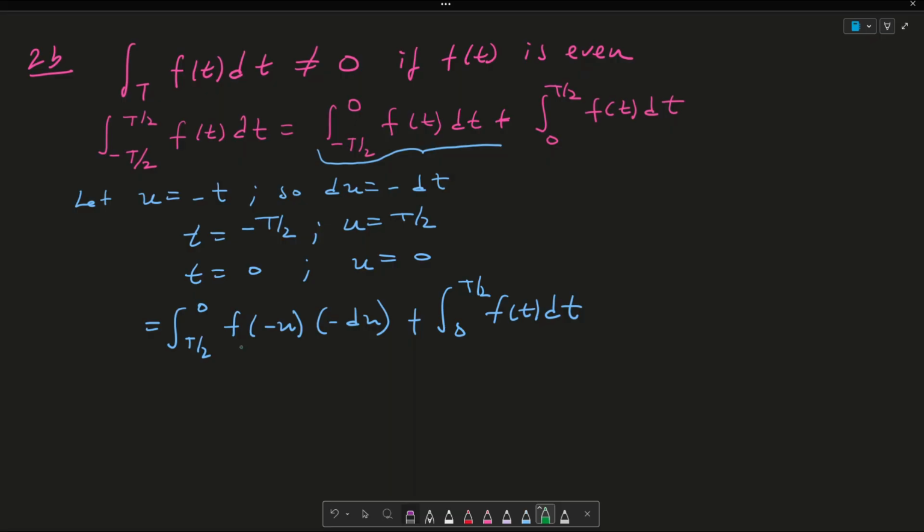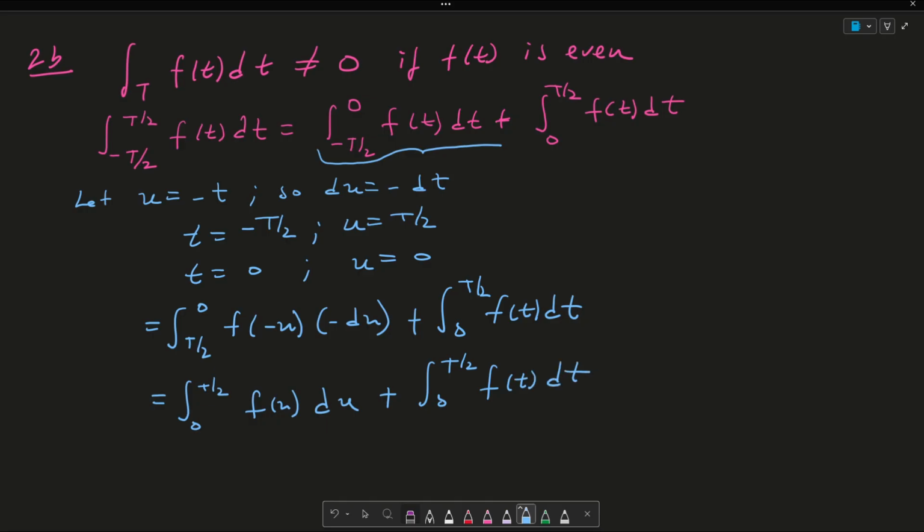So now what we can notice is two things: that this function here is an even function, so it can just equate to f of u, and this negative here will flip my parameters. So I can rewrite this as the integral from 0 to t over 2 of f of u du, and then plus the integral from 0 to t over 2 of f of t dt.